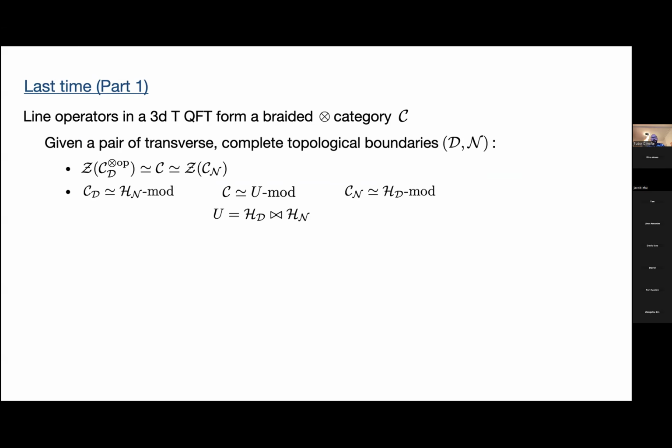And the tensor structure comes from the fact that Hochschild homology has to do with circles, and there are pair of pants cobordisms relating circles.